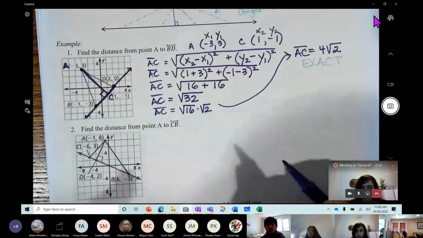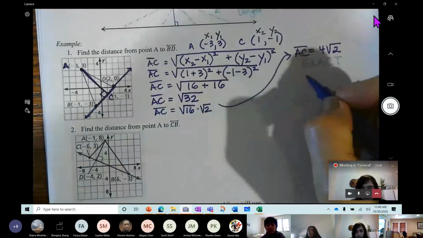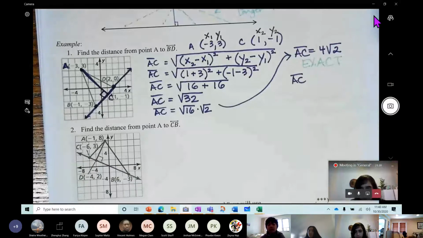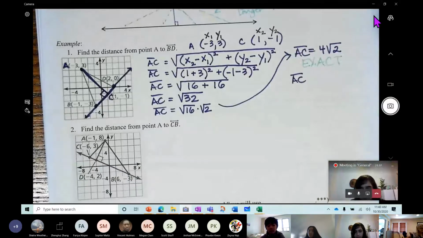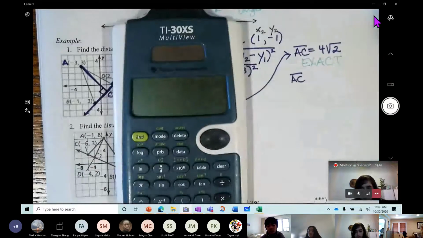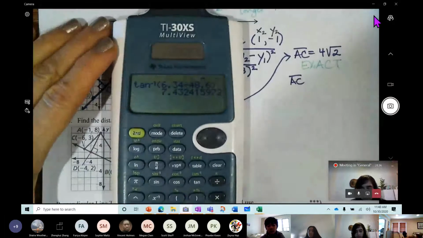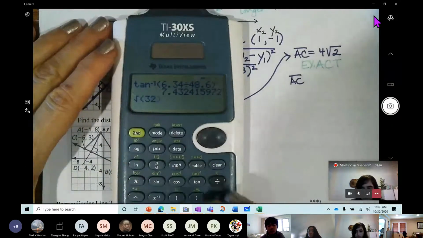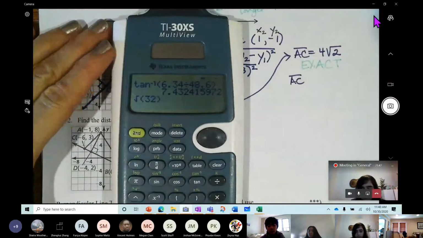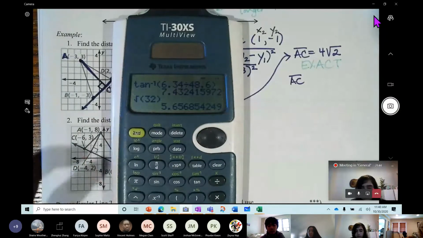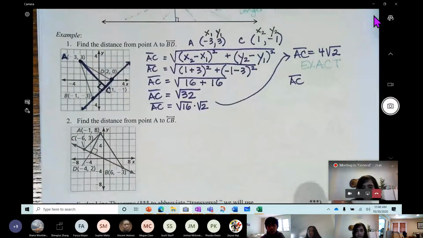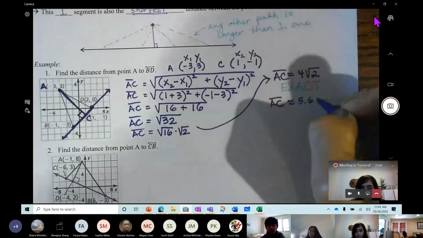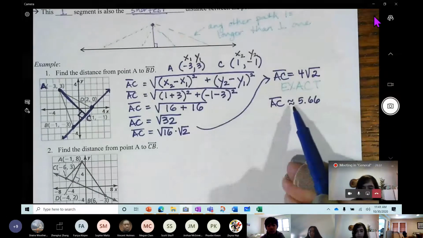But if you wanted to approximate it, then you could do the square root of 32, and you get 5.66. We put a squiggly, remember? Because it's not exactly that.